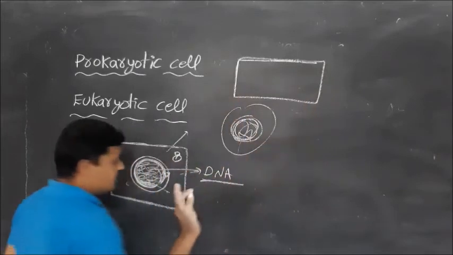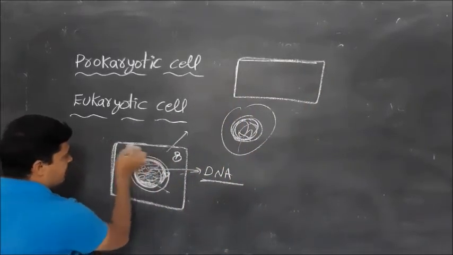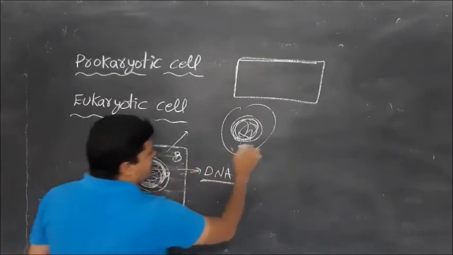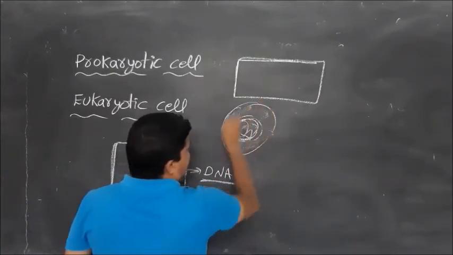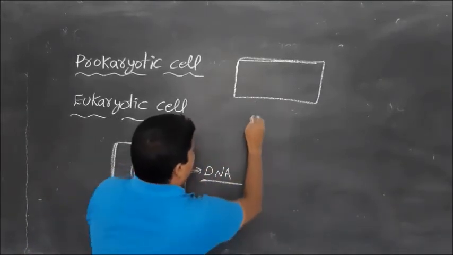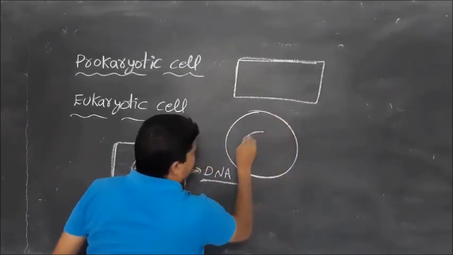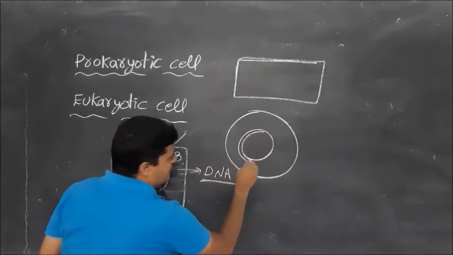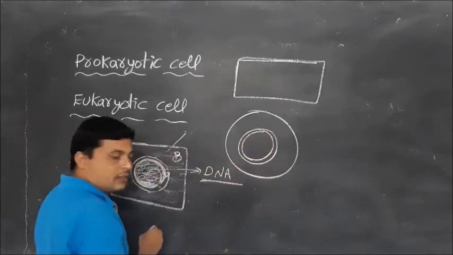But just observe here, it is a bacterial cell. Once again, observe here, it is the cell. Inside of the cell, it is the cytoplasm. Exactly at the middle of the cytoplasm, in the animal cell, the nucleus is present. This nucleus is surrounded by two membranes, two layers.